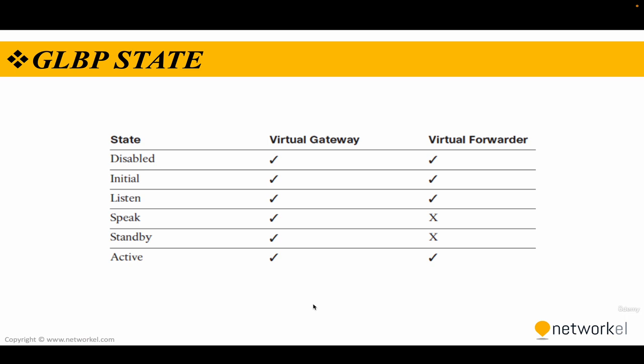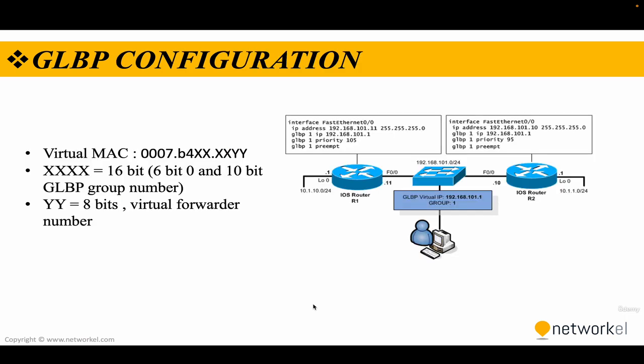In standby state, the gateway is ready to be the active virtual gateway in case there's a problem with the active virtual gateway. And active state means this gateway is the active virtual gateway and responds to ARP requests made to the virtual IP address.